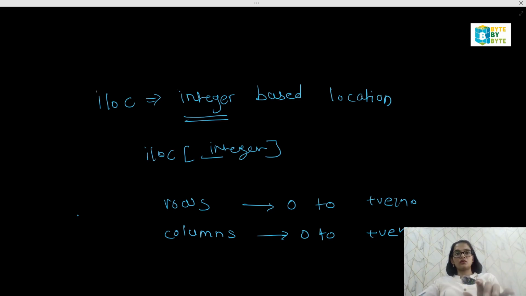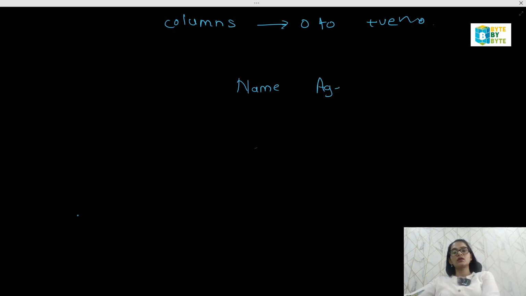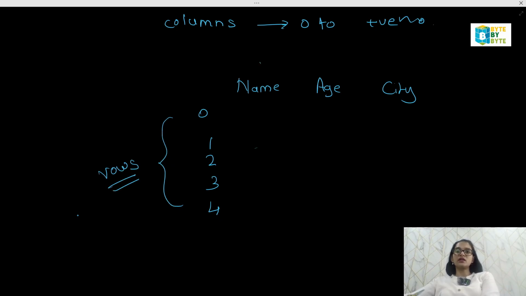The example we are looking at right now has name, age and city, and we have 0, 1, 2, 3, 4. These are nothing but your row indexes. For the column indexes, name will have index 0, age will have 1, and city will be 2. So this is how you will retrieve the data. 0,0 will retrieve this value, 1,1 will retrieve this value. This is how you are going to retrieve the data.